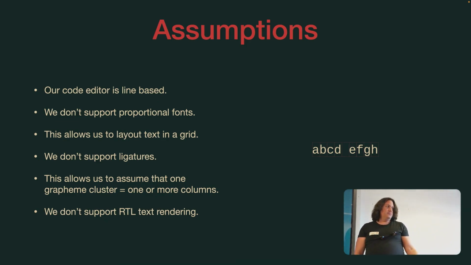And we don't support ligatures, which is also something you don't often see in a code editor anyway. And that allows us to assume that one grapheme cluster is either 1 column or more. So that's another simplifying assumption. And finally, I didn't even bother to look into right-to-left text rendering because this is already complex enough as it is.